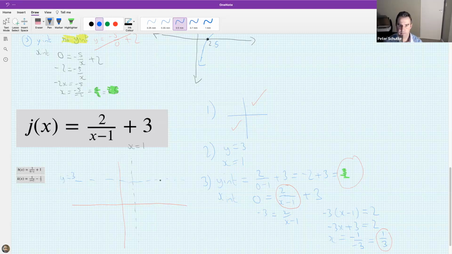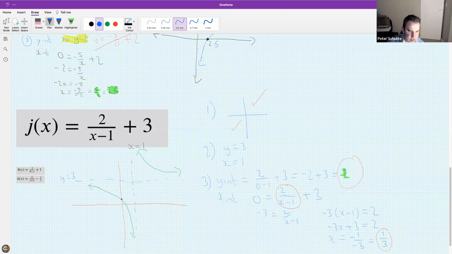And which quadrants am I going to be in? Well, I'm going to be over here, and over here. Notice how I cannot touch these quadrants over here. Those are out of bounds because of the shape of my graph.